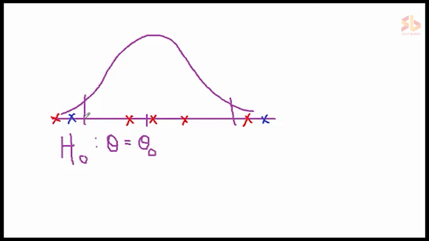Then we can have a critical value, which means a value which helps us to take the decision. So this is C1 and this is C2.